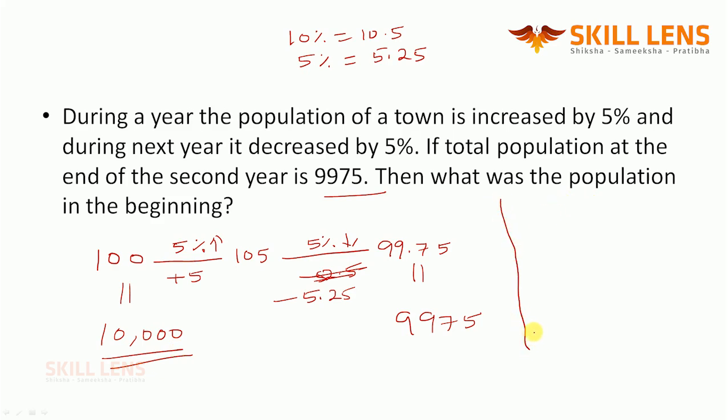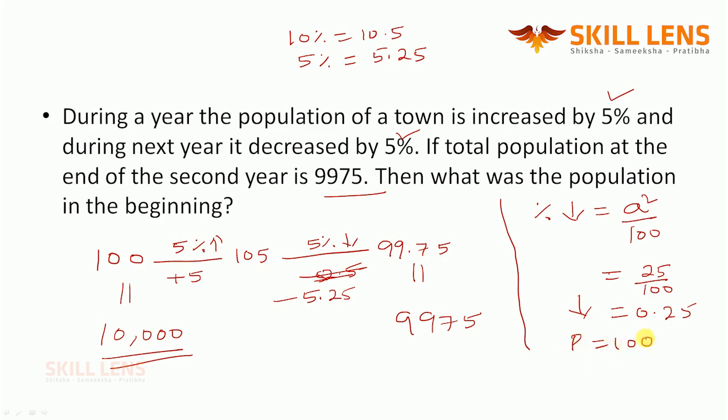Of course, yes. I told you, when there is a percent increase and a percent decrease, there is always a decrease of a square by 100 percent. What is a here? 5. What is 5 square? 25 by 100, which is 0.25 decrease. When initial population is 100, with a decrease of 0.25, the latest population will become 99.75.